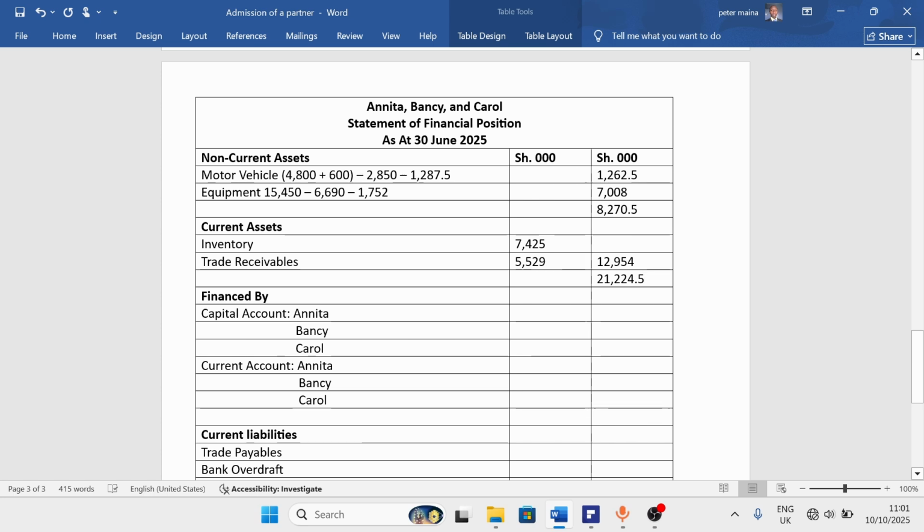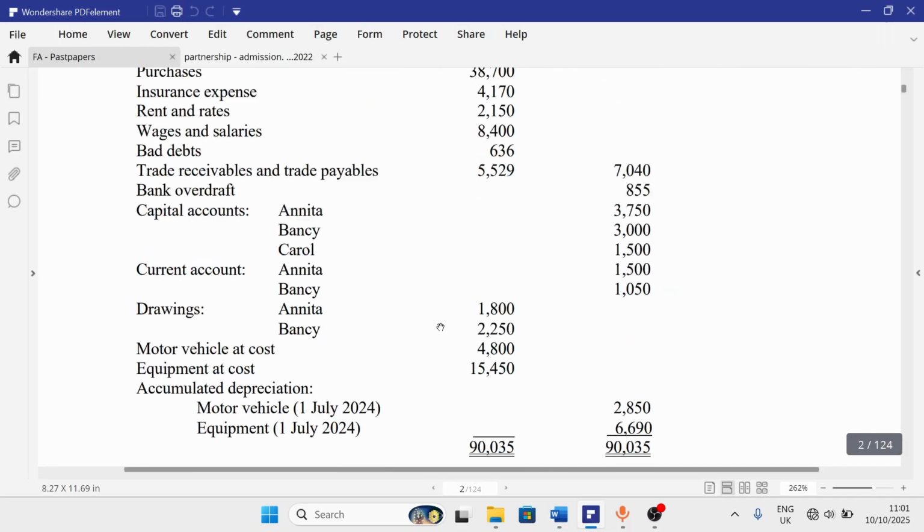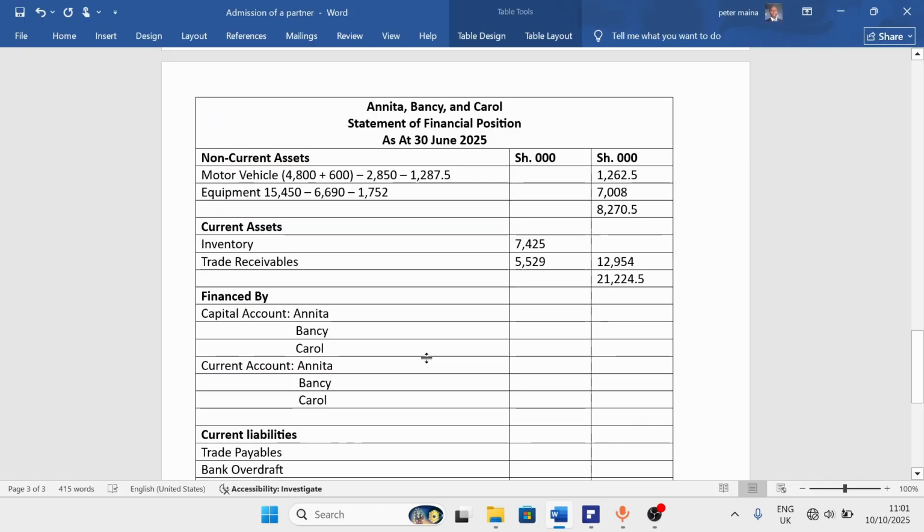So next we go to financed by. Financed by, we are going to start with the capital accounts. So let us go to the question and look for the balances for the capital accounts. So for Anita, the amount is 3750. For Bansi, 3,000. So Anita, we have 3750.